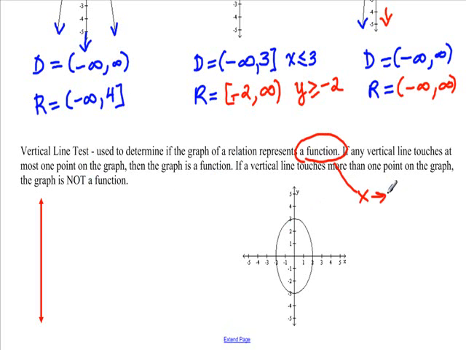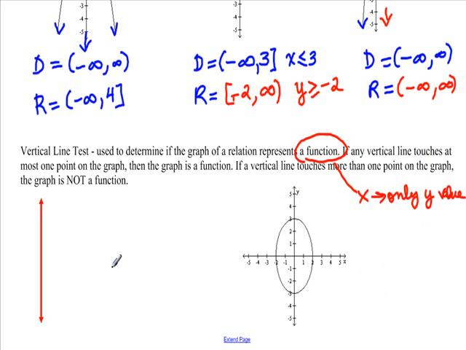We can use the vertical line test to determine if a graph is a function, because a vertical line has the same values of x on it. So if that vertical line touches more than one point on the graph, then it's not a function because it would correspond to more than one y value.